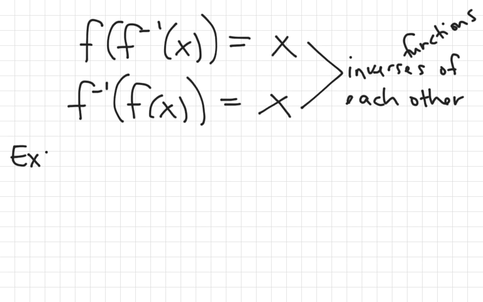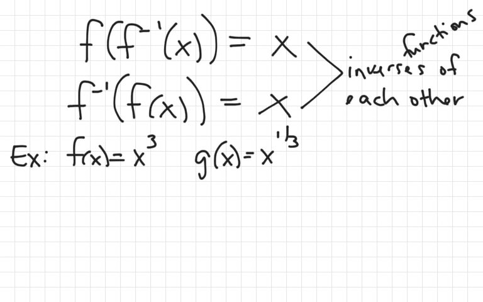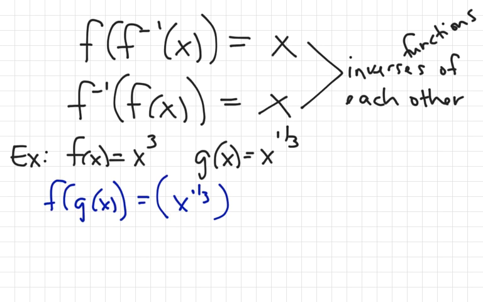So if I tell you that f of x is x to the third, and g of x is x to the 1/3, we would determine if they were inverse functions of one another by performing f of g of x, which is going to be x to the 1/3 being put inside the third.